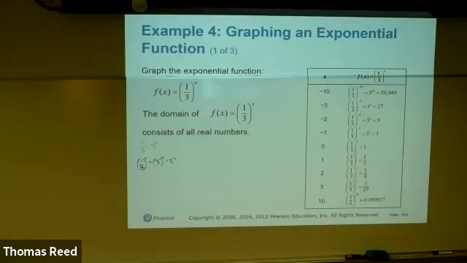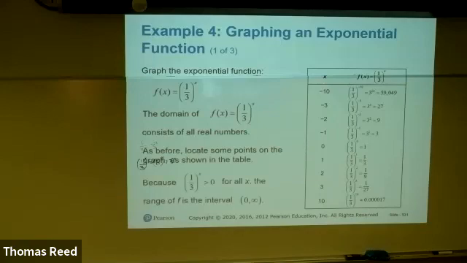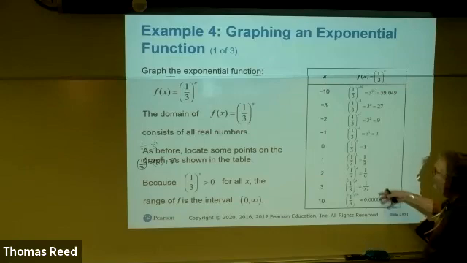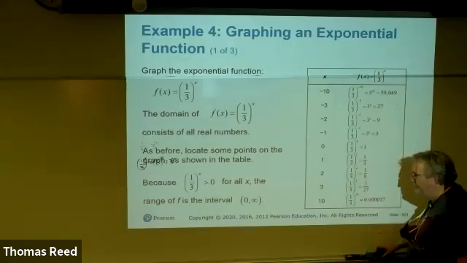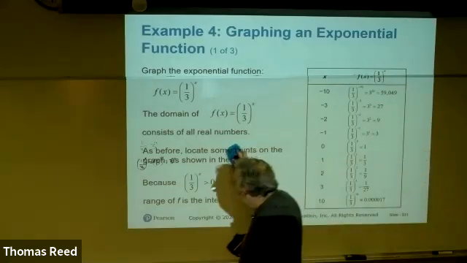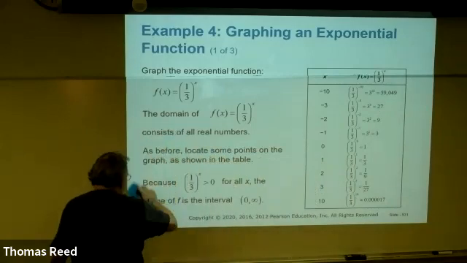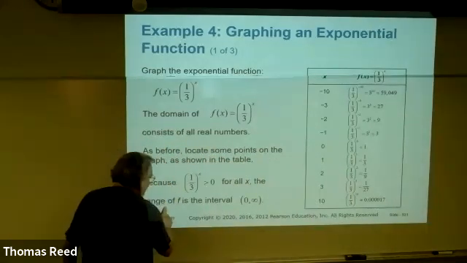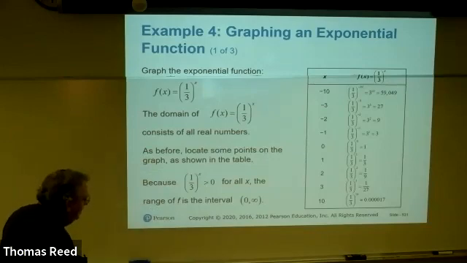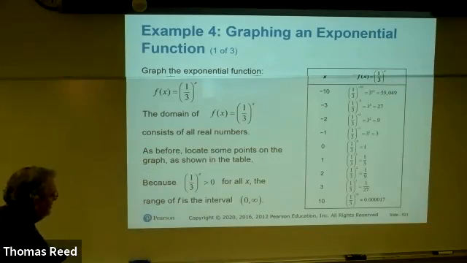So now we start graphing these. Locate some points on the graph as shown in the table. If you notice, again, all our y values are going to be greater than 0. So that means our range will be y greater than 0.